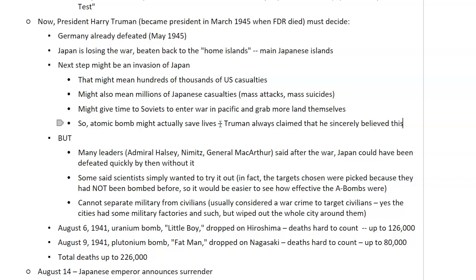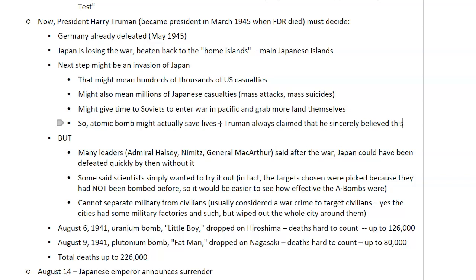August 9th, 3 days later, we dropped the plutonium bomb, the Fat Man, on Nagasaki. About 80,000 deaths there. It's not that Nagasaki was a smaller city, it's that the way the hills around it work, it sort of shielded part of the area. A guess is that there were as many as 226,000 deaths.